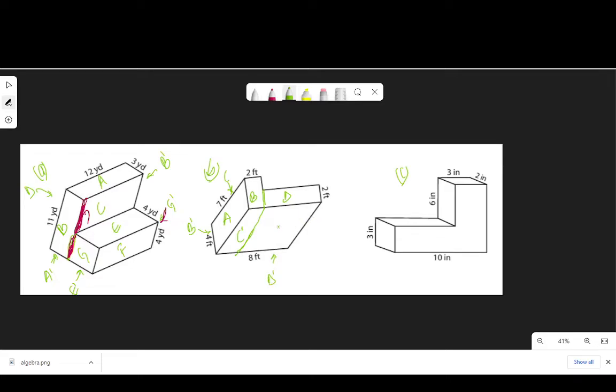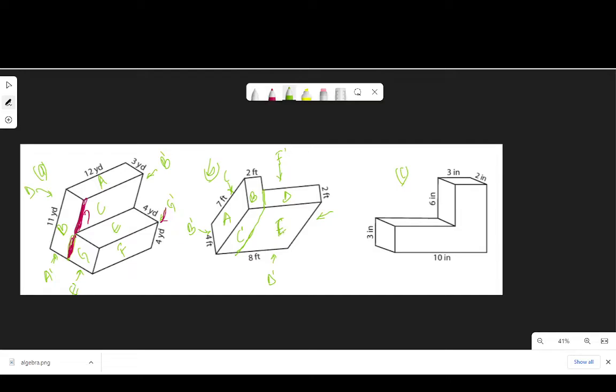Then you have this one right here, let's call it F, and exactly the same thing up here, let's call it F prime. Then you have this side here. I have A, B, C, D, E. You are supposed to have E first before that.